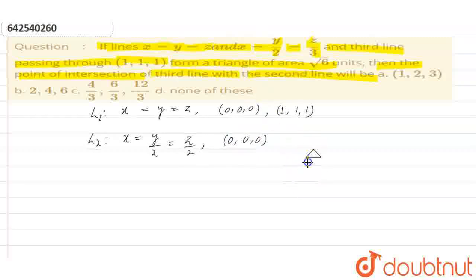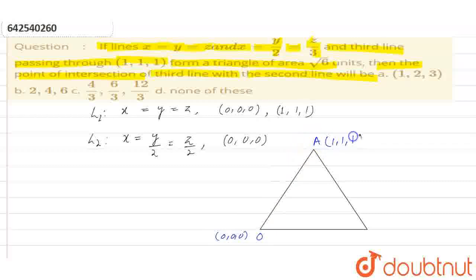Now we'll form a triangle. If you observe this triangle, let's take this point as O, the origin, this point as A (1, 1, 1), and this point as B, which is unknown. We need to find out the third point.